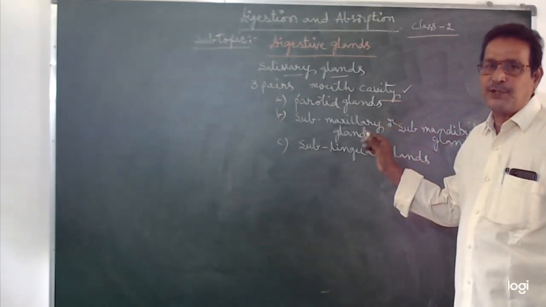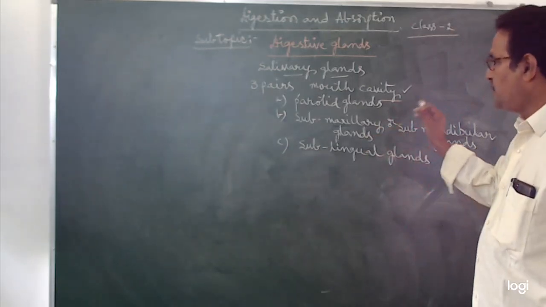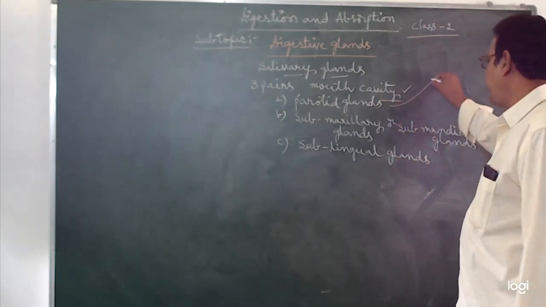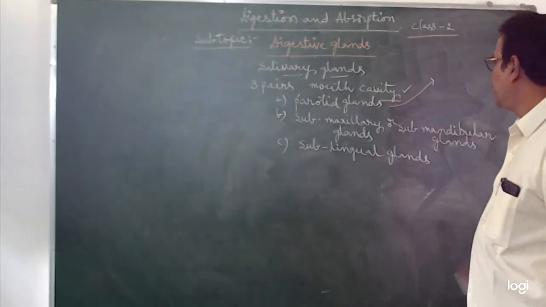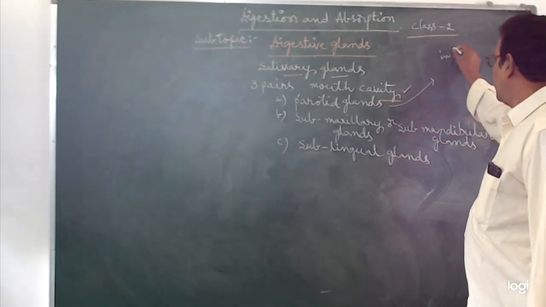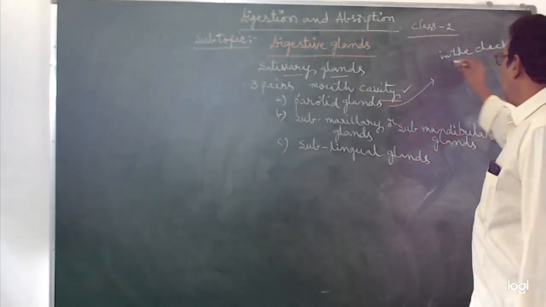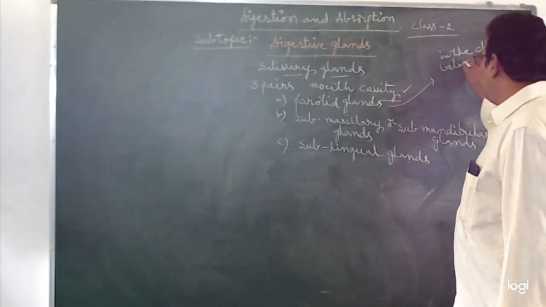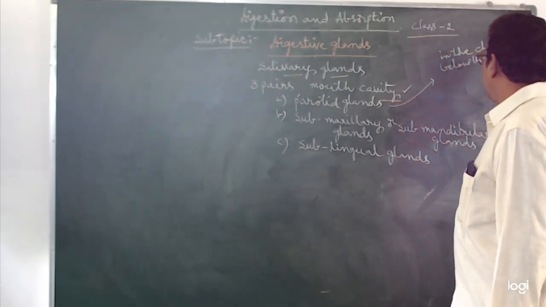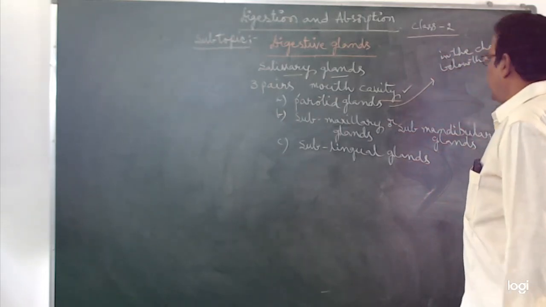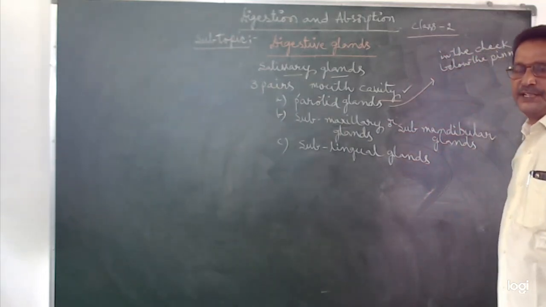Where they are located, each and every gland. For example, parotid glands are located in the cheek, below the pinna, at the base of the pinna.